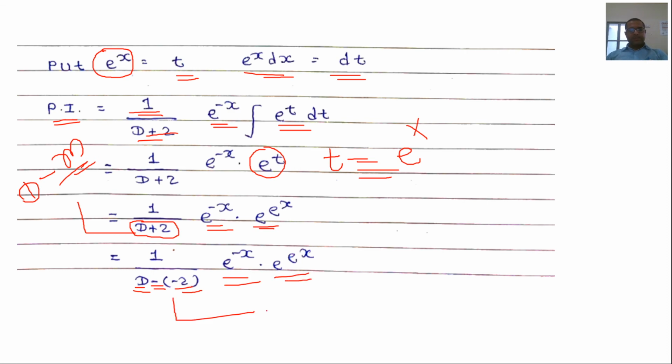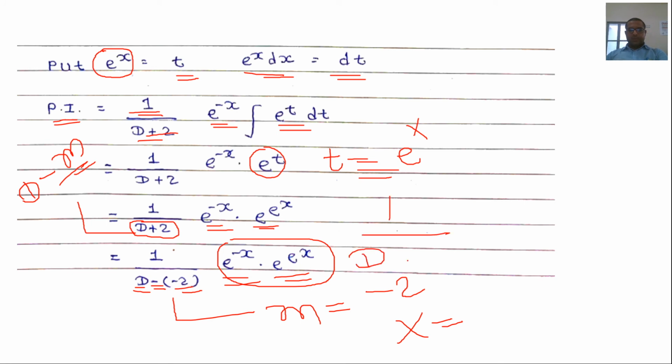Now we have capital M is equal to minus 2 and this capital X is, by comparing it with 1 upon D minus m into capital X, e raised to minus x into e raised to x.